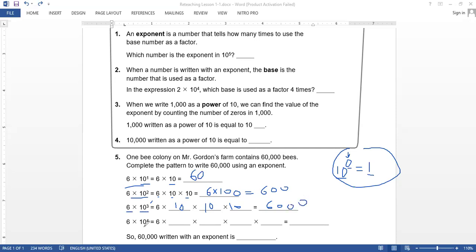Now, in the last one, 6 times 10 power 4, we need to multiply 10 by itself 4 times. So the answer will be 60,000.